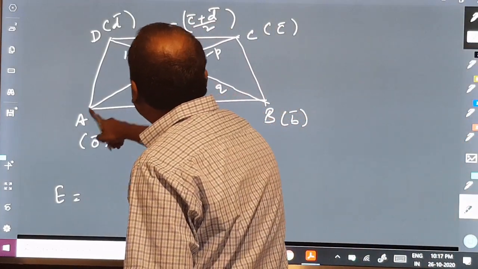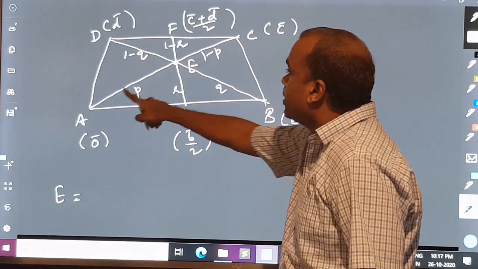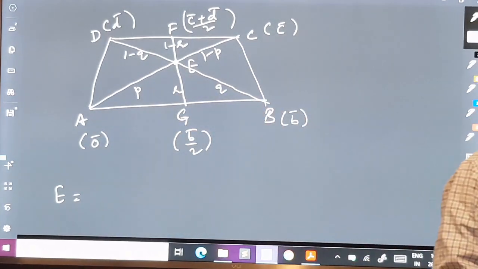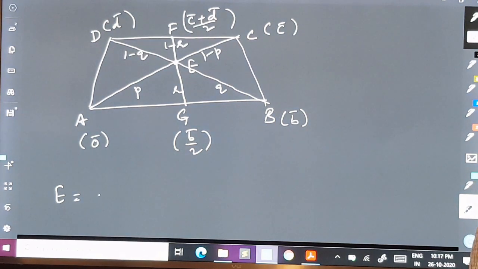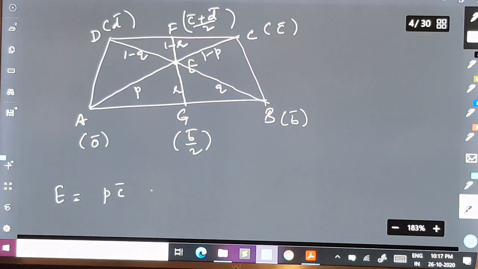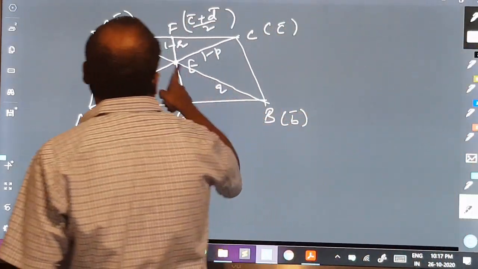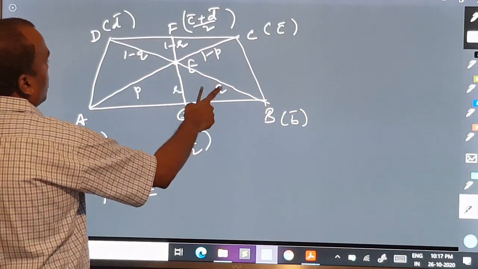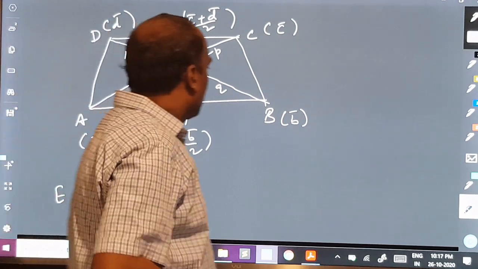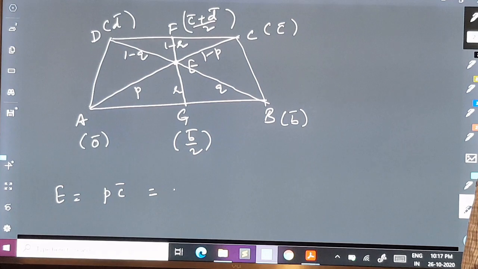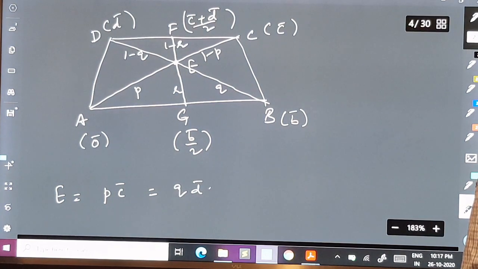So now E, I am writing using AC. E is dividing AC in the ratio P is to 1 minus P, and therefore I will have it as PC bar. Now E is dividing this in the ratio Q is to 1 minus Q. Therefore, again E is nothing but QD bar plus 1 minus Q into B bar.